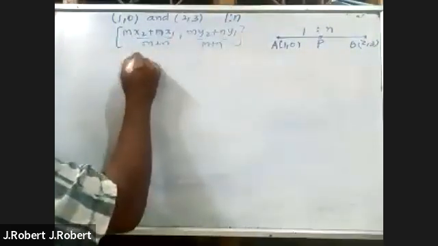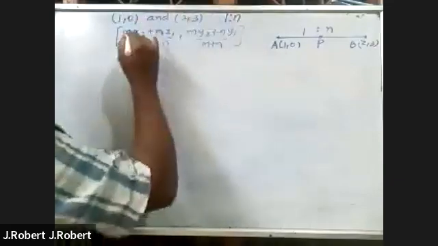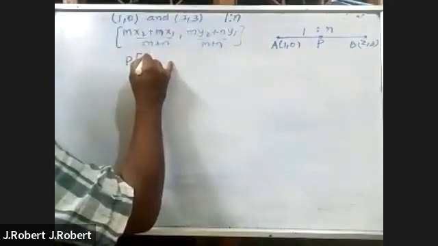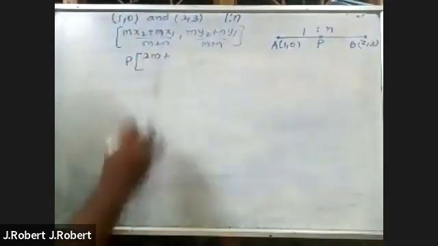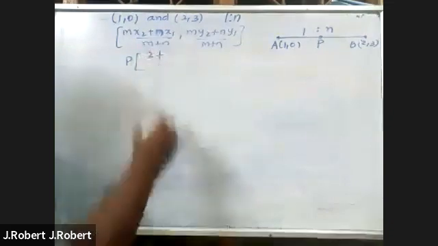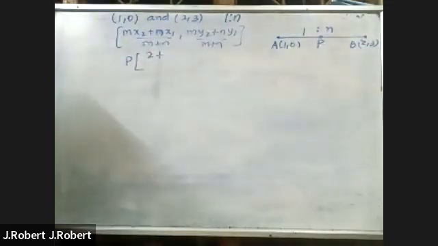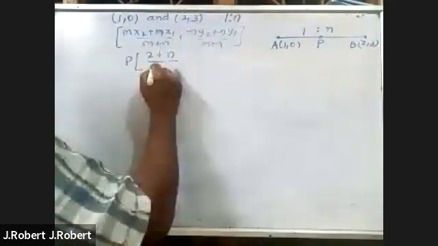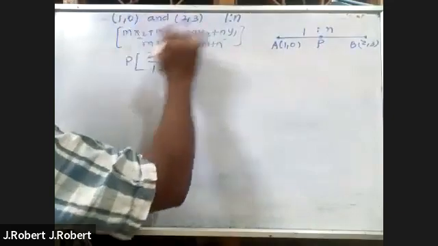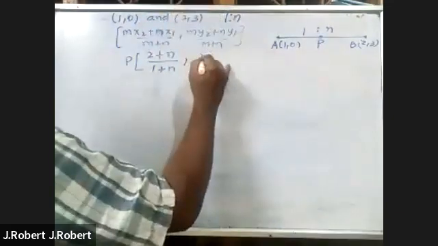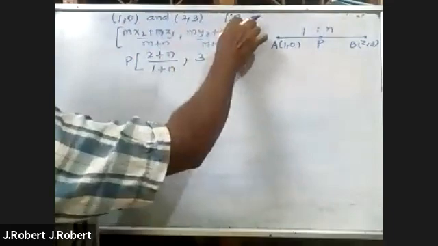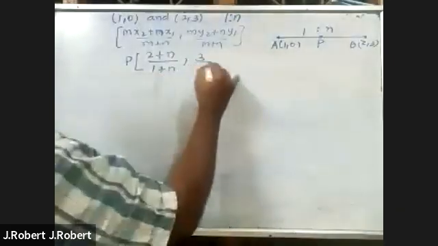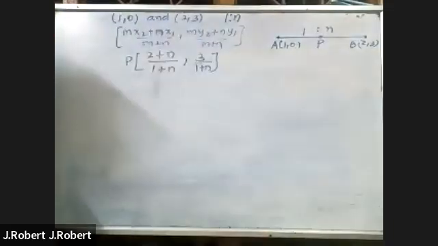Therefore, for point P, m is 1, x2 is 2, n is n, x1 is 1. So we can write this as (2 plus n) divided by (1 plus n), comma, m is 1 into y2, which is 3, plus n into y1, which is 0. Therefore, 3 divided by (1 plus n). This is your new point.